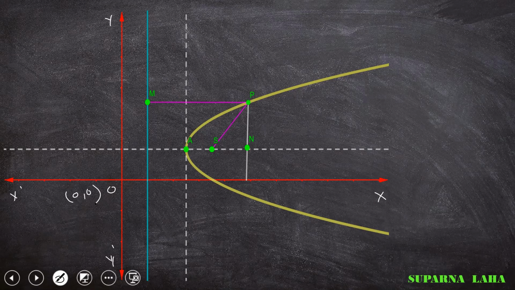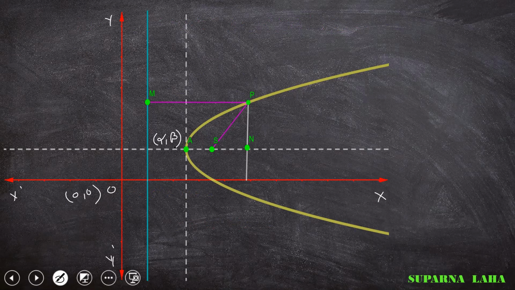Now you all know the definition of the vertex. Here I am taking A as the vertex, whose coordinate is alpha, beta. I am not repeating the definition. In the first video of conic section, you can find all the definitions. If you forgot that, then go through that video and check out the definition of the vertex.